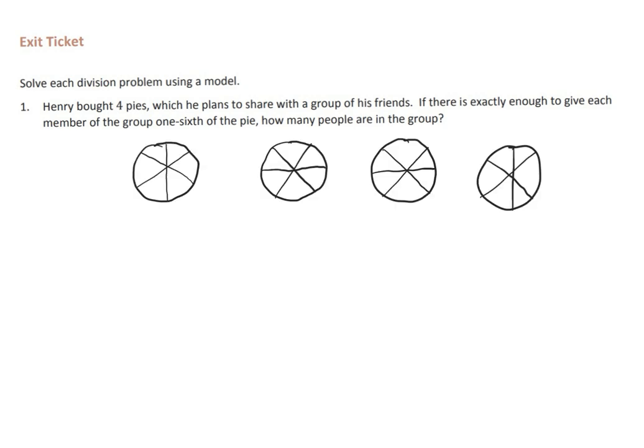I have drawn my 4 pies, and I have cut each of the 4 pies into sixths. So each slice of pie is 1/6 of the whole pie. So this means that Henry's group has 24 people in it.